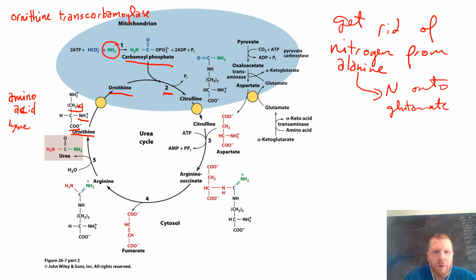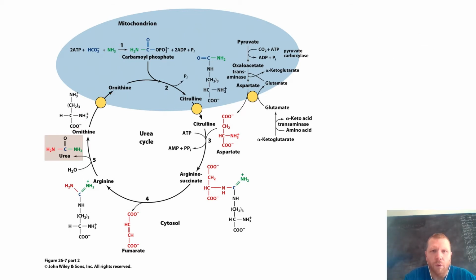Now, our enzyme ornithine transcarbamylase is going to take ornithine, which is able to be transported into the mitochondria, and take these groups right here, our carbonyl carbon and our NH2, and put them on the end of the side chain, the R group, of our amino acid.